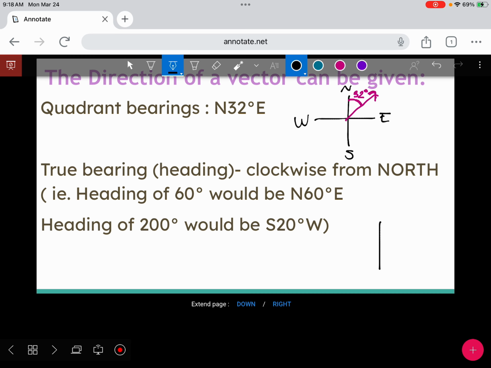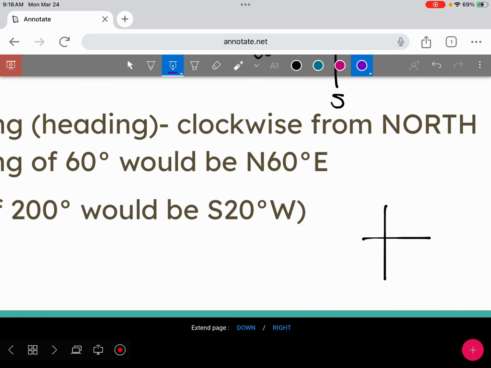So our heading of 60 would be here-ish. A heading of 200, we would go around past our 180 and then 20 degrees this way.